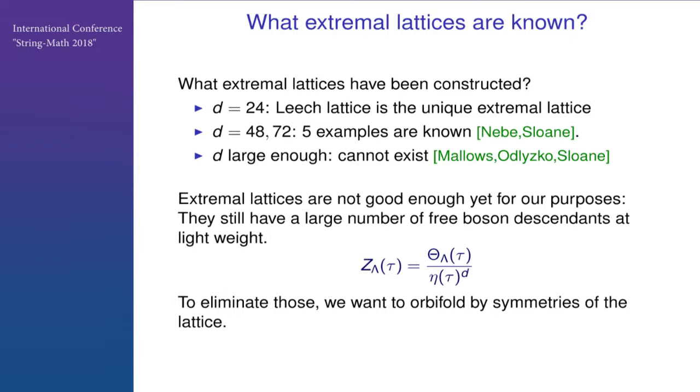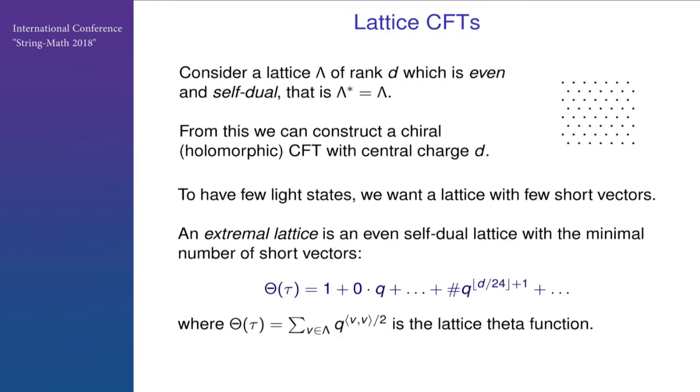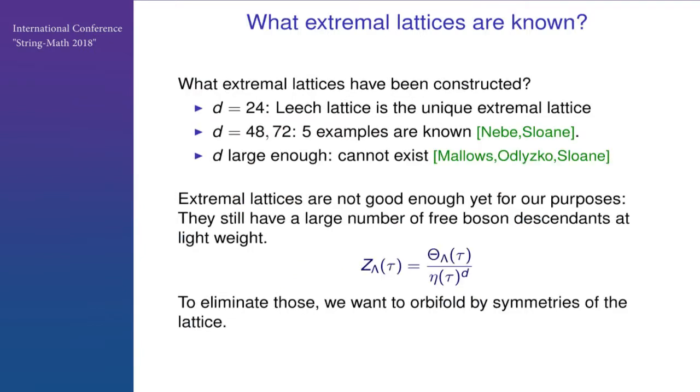And one can actually show that, unlike with extremal CFTs, this construction of the lattice theta function goes wrong if D is large enough. So basically what happens is we get negative coefficients in front of some of the terms, which means we can't interpret it as a lattice theta function anymore. So if D is large enough, there's a proof that such extremal lattices do not exist anymore. D large really means quite large, something of the order of 20,000.